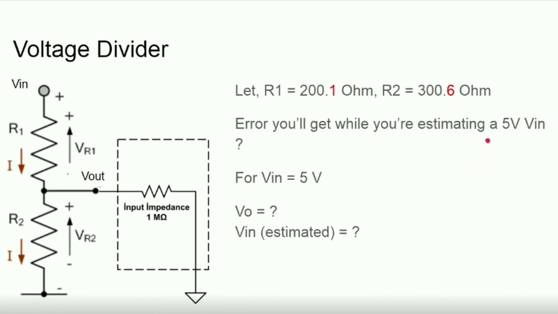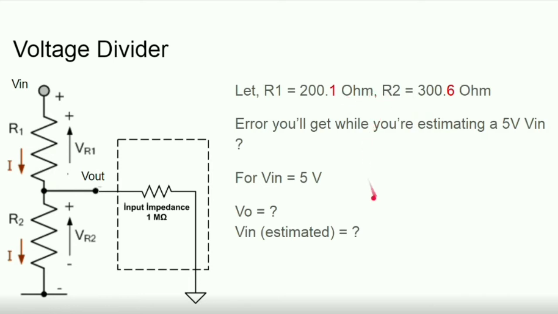Last day we also solved this example. Suppose you have designed a measurement circuit assuming that you are using a 2 ohm resistance as R1 and 3 ohm as R2, but the resistors were actually slightly different than the value assumed.